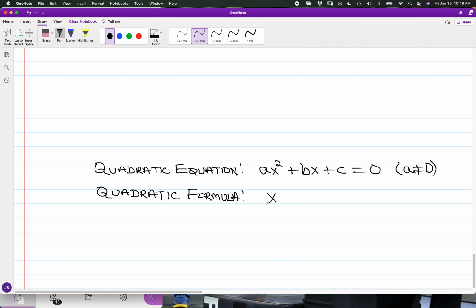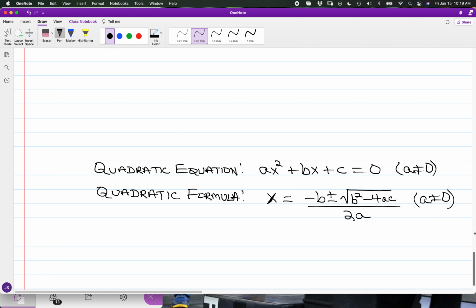So we would have x is equal to negative b plus or minus the square root of b squared minus 4ac, all over 2a, whereupon a does not equal 0 once again.